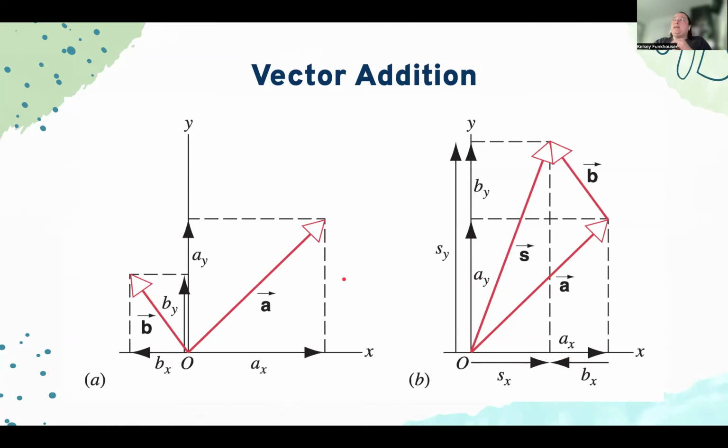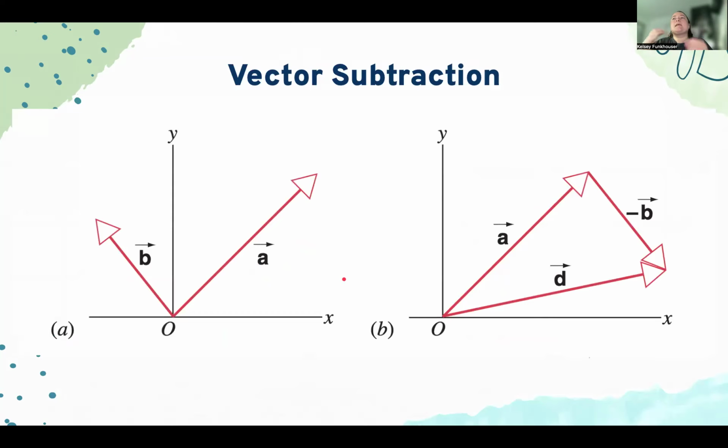We will mainly, well, no, we'll practice all the ways, I think. Now, vector subtraction works exactly the same as vector addition, but you just have a negative of the thing you're subtracting.